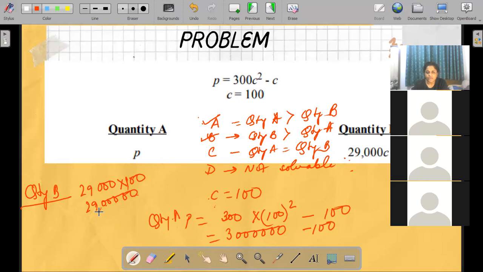This is how much less than this number? Approximately, if I add to this, then I'll get this value, yes or no? Yes, ma'am. So that means I can write quantity B as 3 with 6 zeros minus 1 with 5 zeros.